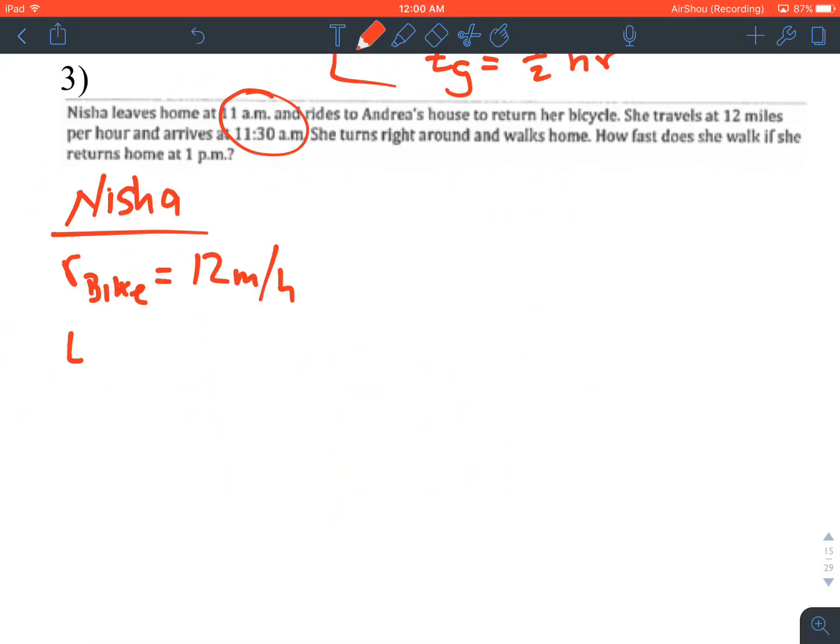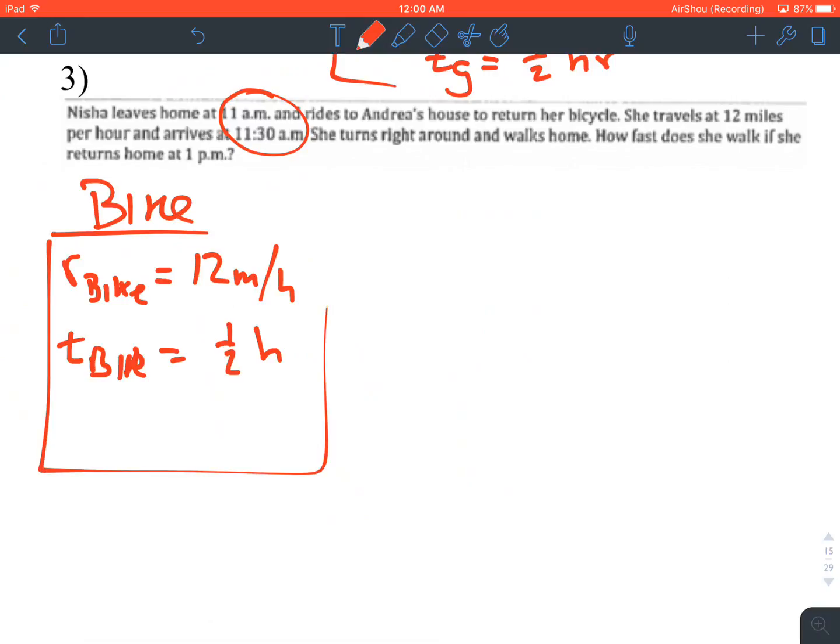So her time riding her bike, 30 minutes in hours, that's half an hour, or 0.5 of an hour. Then it says, instead of Nisha, let's just say bike. Then it says that she walks home.